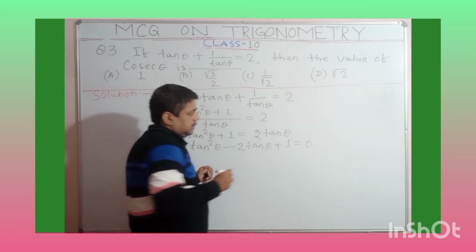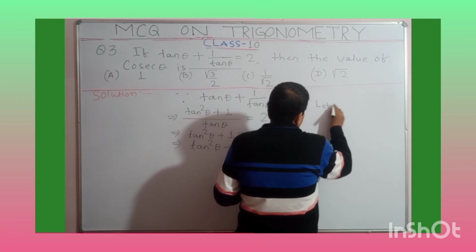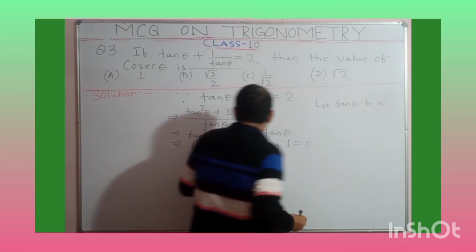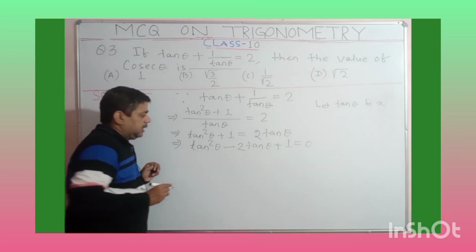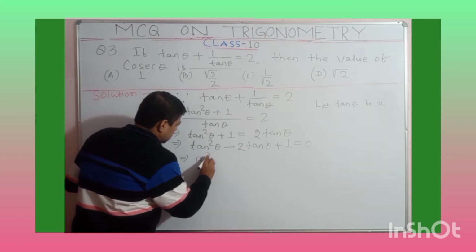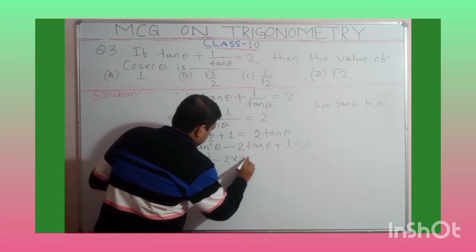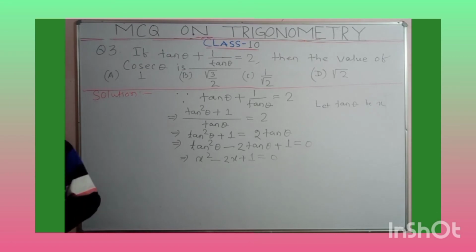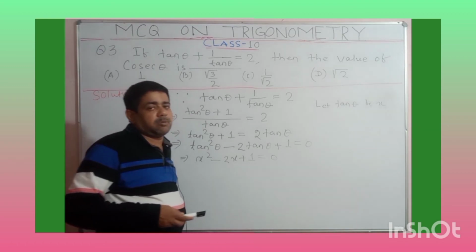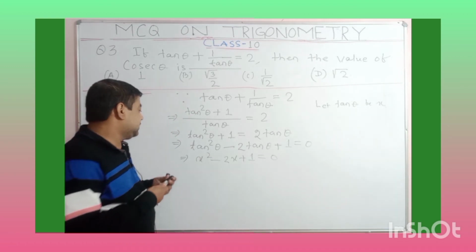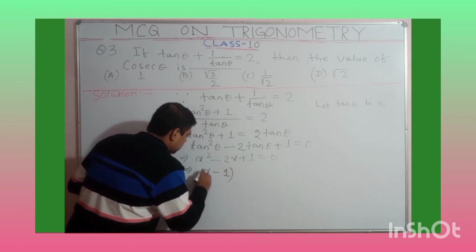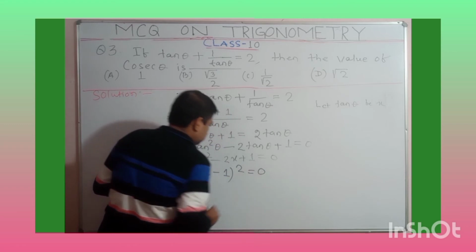Understand? Let tan theta be x. So that implies x square minus 2x plus 1 is equal to 0. This is a quadratic equation, so you have to factorize it, and after factorization you will get (x minus 1) whole square is equal to 0.